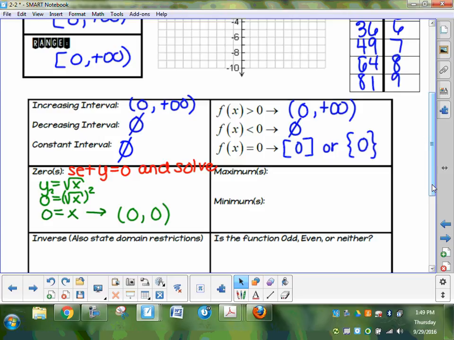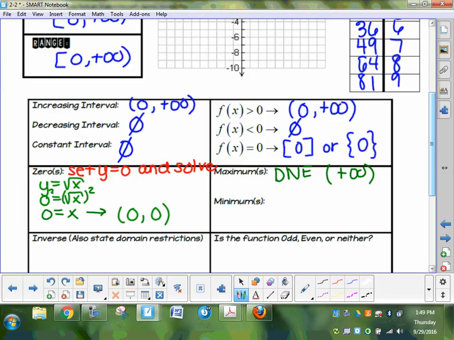The question is, what are the maximums of this graph? There isn't one because it goes to positive infinity. A maximum has to be a value. Now we're going to talk about that at the end. This graph is unbounded above, meaning it rises forever. So what are its maximums? There isn't one because it goes to positive infinity.